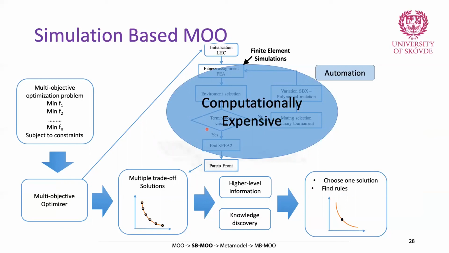So there is a lot of manual work and a lot of waiting time, which is not efficient, and it will take much more computational time than necessary. So it is not practical to perform simulation-based multi-objective optimization by running all simulations in each generation manually.